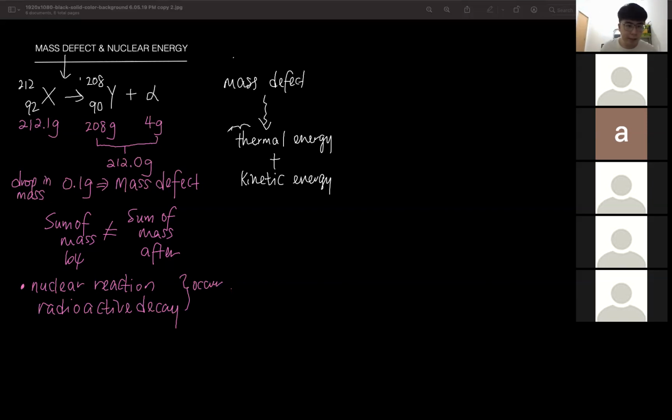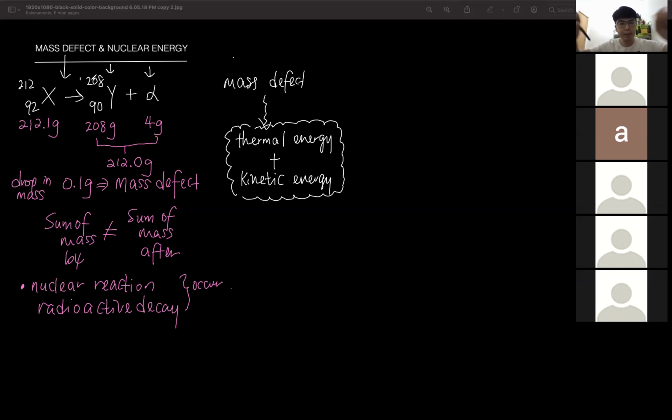Now, it turns out that it is these two energies, the thermal and the kinetic energy, that give the motion to the alpha particle and to the daughter particle. Because when they decay, the daughter particle and the alpha are emitted at very high speed. They shoot out at very high speed.